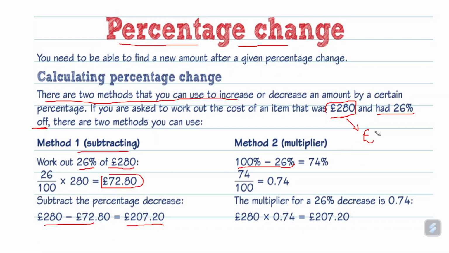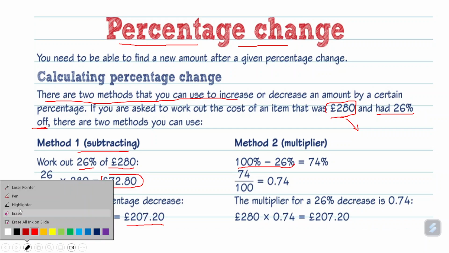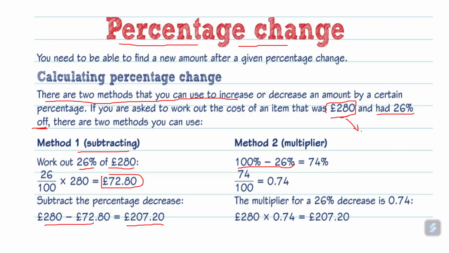Sorry, let me clean this. So we always assume that the original amount of the item is 100%. So what you just need to do, because the keyword is 26% off, you now take it away from 100, you have 74%, which is this.